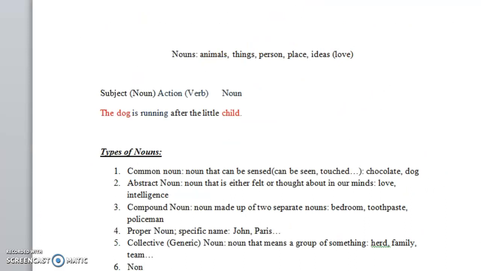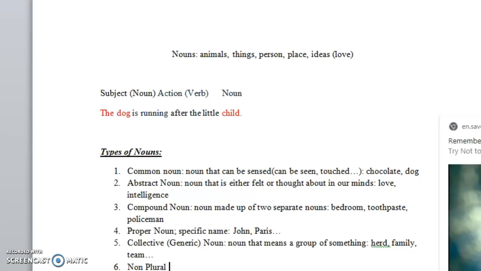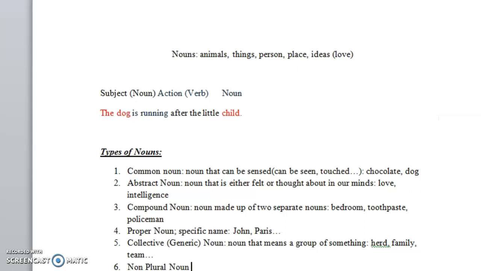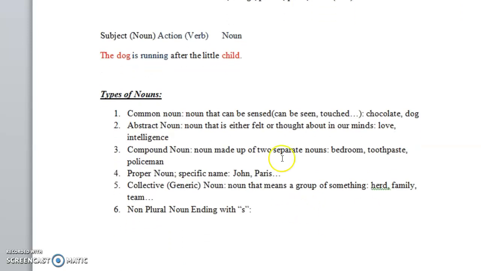ending with S. It's like physics, statistics.